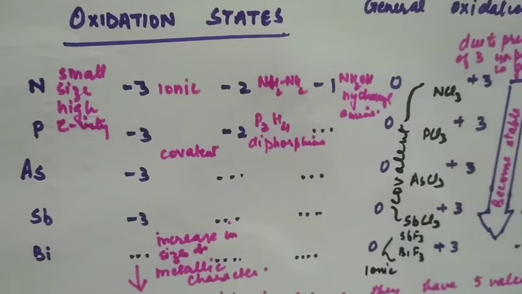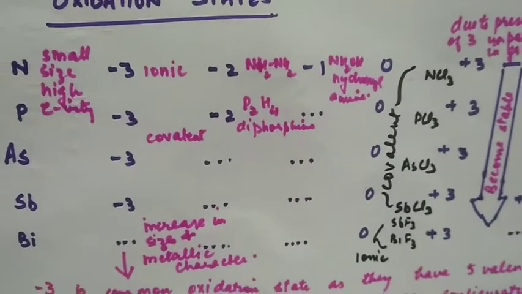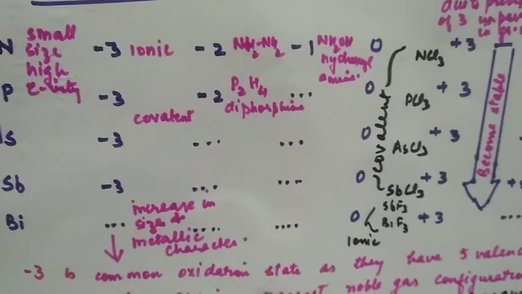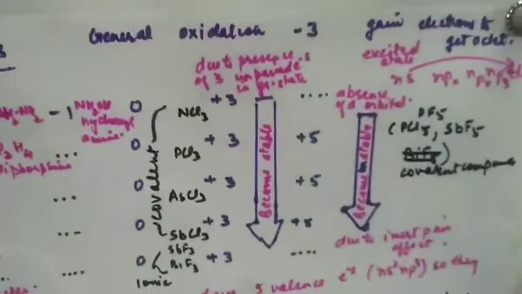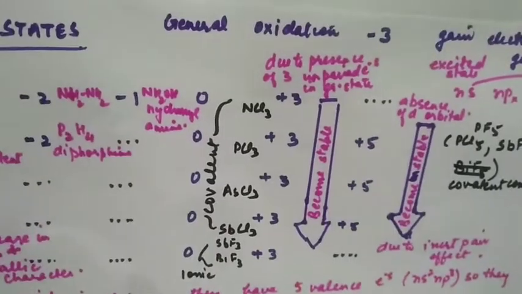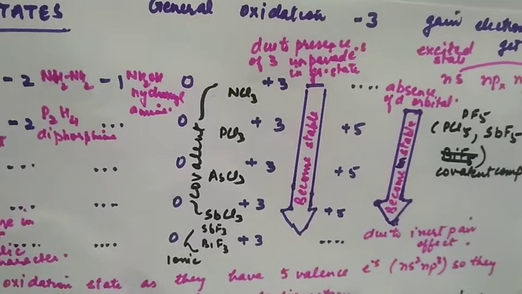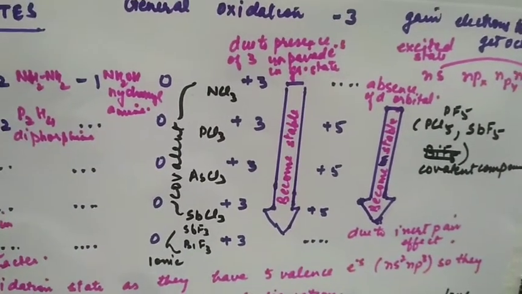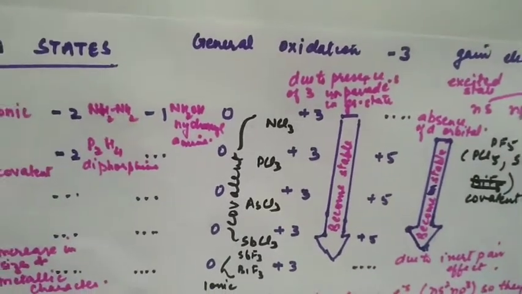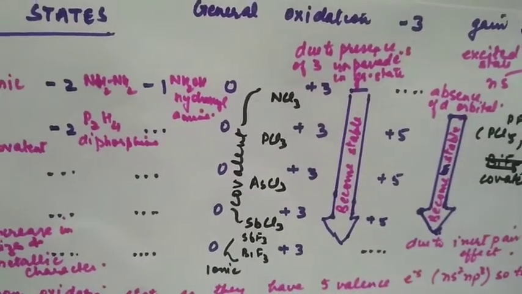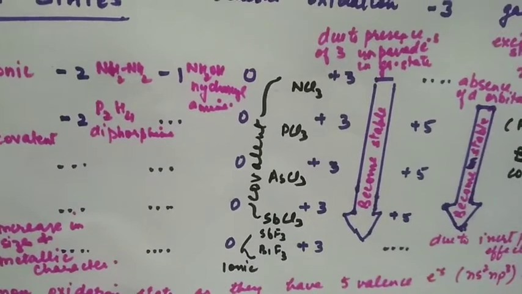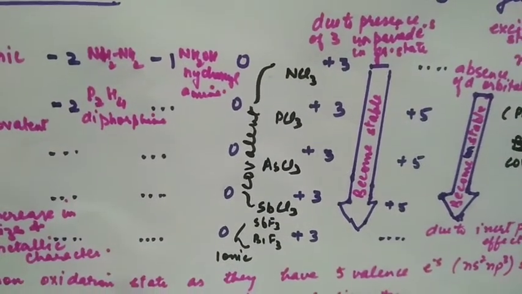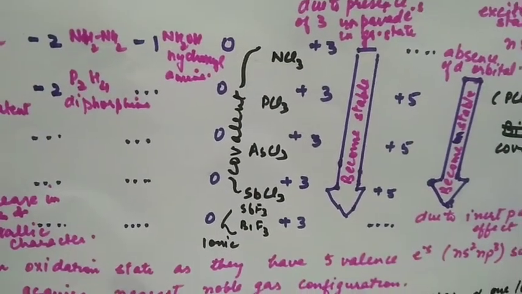-2 oxidation state is shown by nitrogen and phosphorus only, nitrogen in hydrazine and phosphorus in diphosphine. Nitrogen also shows -1 oxidation state in hydroxylamine. Then +3 oxidation state, due to the presence of 3 unpaired electrons in the ground state. These 3 unpaired electrons can form bonds, so these elements can show +3 oxidation state.